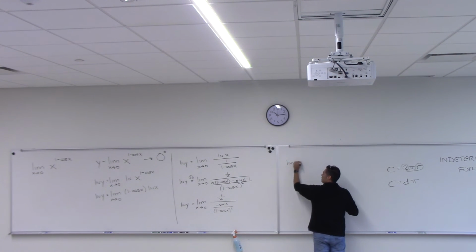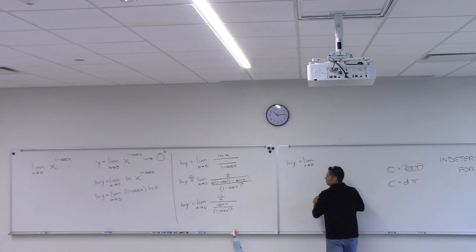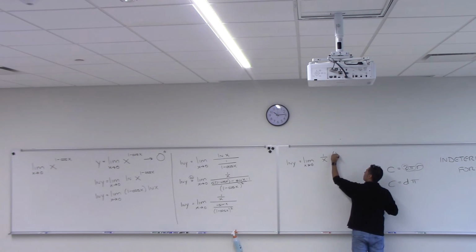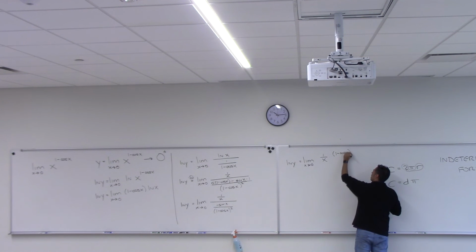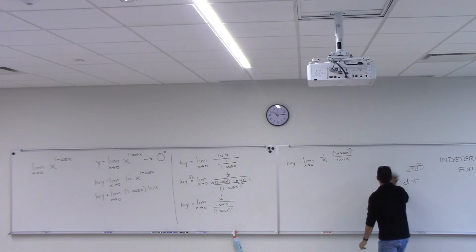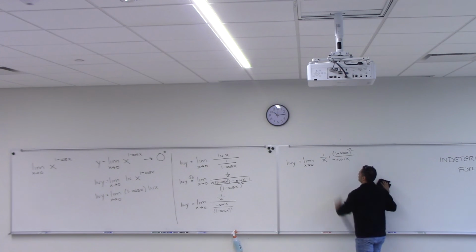Natural log y equals limit x goes to 0. Okay, I'm going to write that as 1 over x times, flipping that over is 1 minus cosine x, that quantity squared, over sine x. Negative sine x, thank you. Negative sine x.